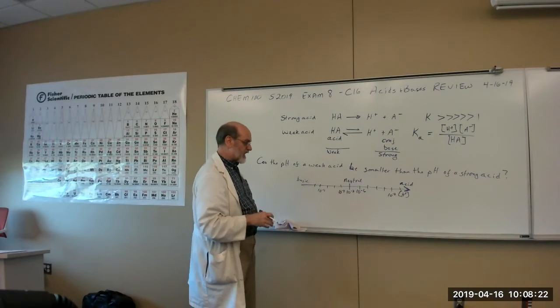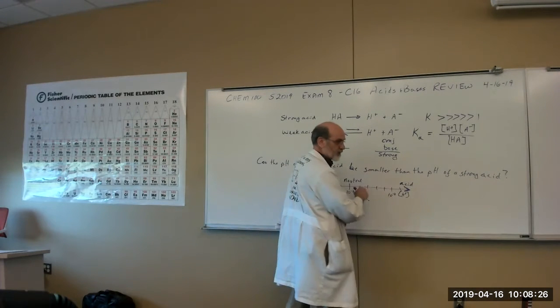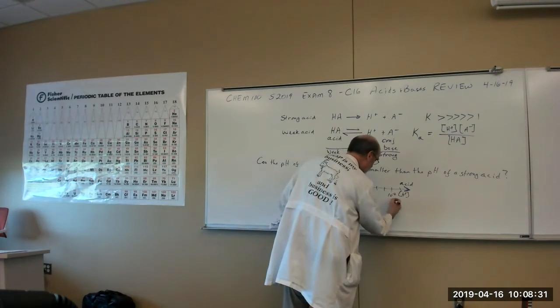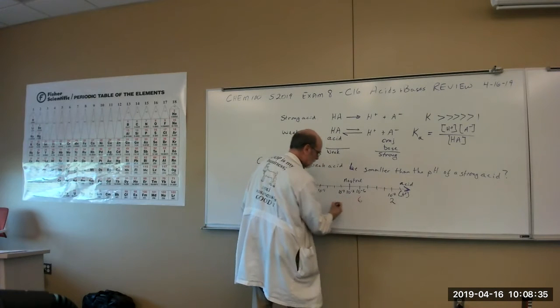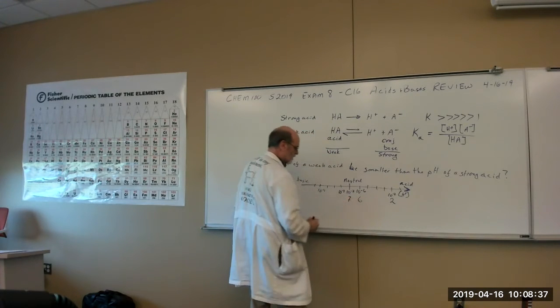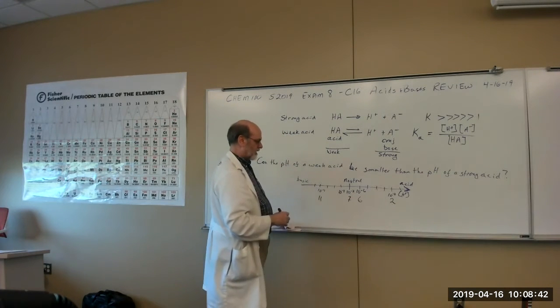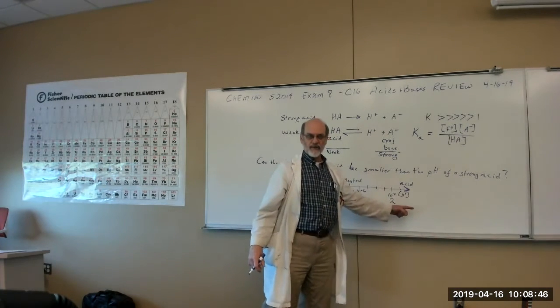So what happens to the pH? Well, what's the negative log of 10 to the minus 2? Just 2, right? How about 10 to the minus 6? It's 6. Neutral, 7. Over here, 11. So the more acidic, the smaller your number, the smaller the pH.